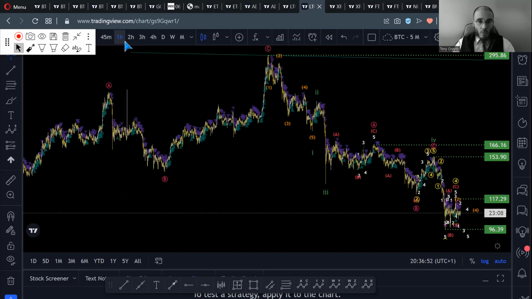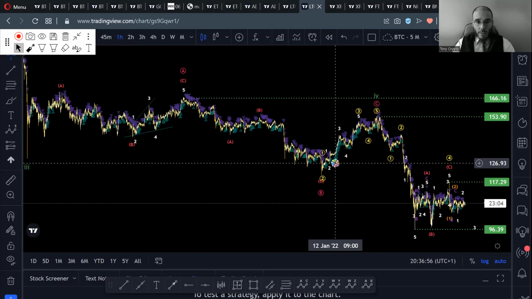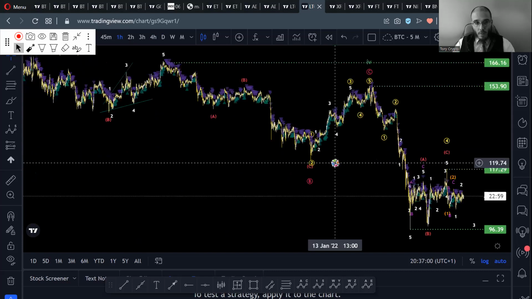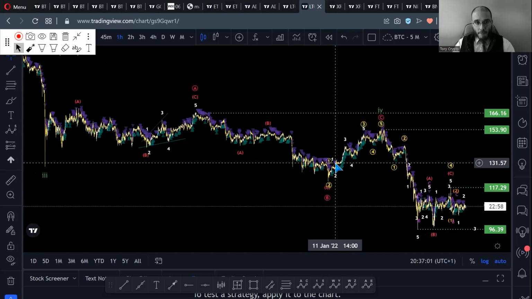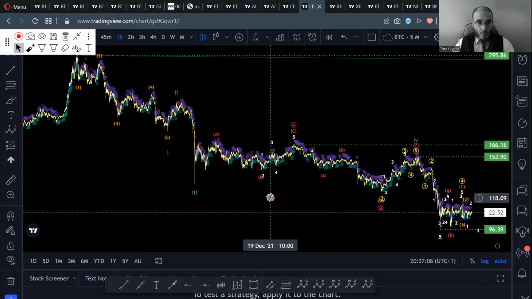So from the 4-hour chart, I'm going to zoom into the 1-hour chart, and we take a look at the last move. That's what I want to show you.